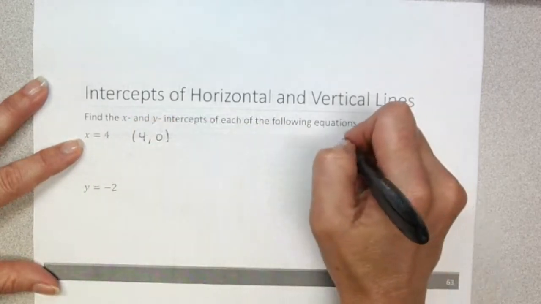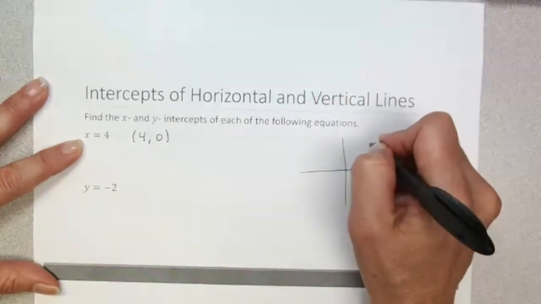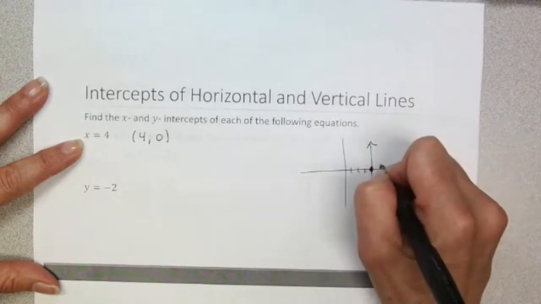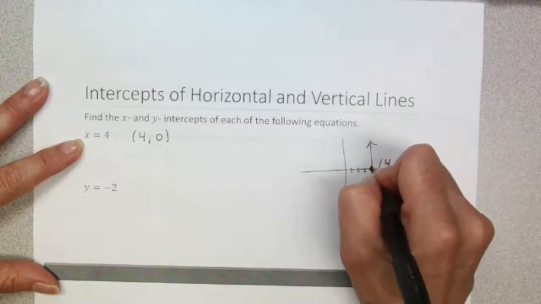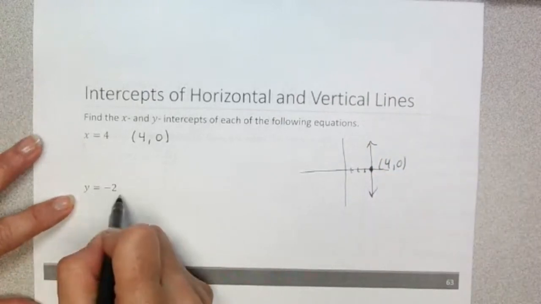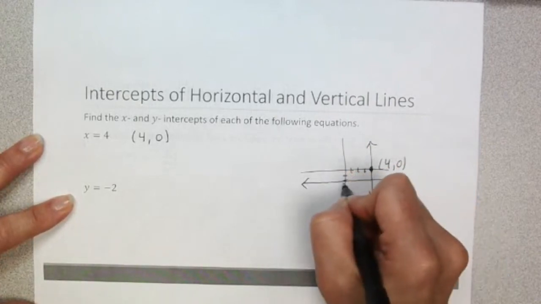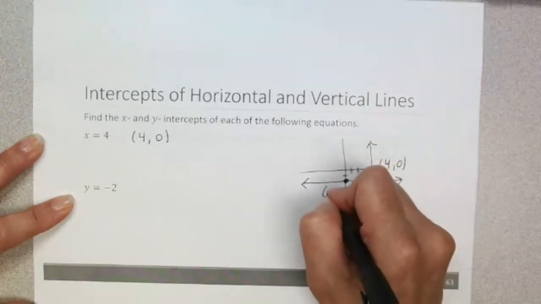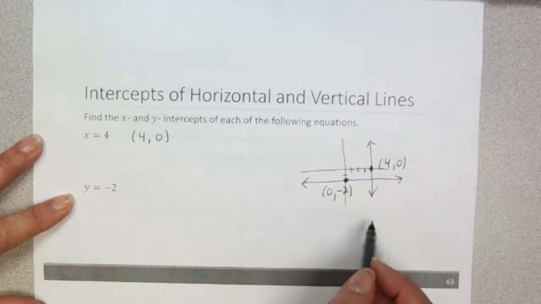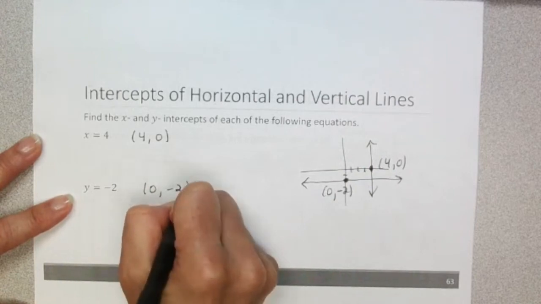If I were to graph that line, x equals 4, there's the line right there. The intercept right here has an x coordinate of 4, 1, 2, 3, 4, and the y coordinate is 0. For horizontal lines, y equals -2. If I were to graph that one, there's y equals -2 right there. The intercept occurs when x is 0 and y is -2. So the coordinates of that intercept would be 0, -2.